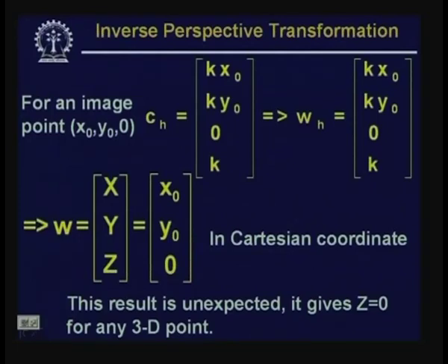Now, here you find that the third component, or z coordinate, we have taken as 0, because what we have is a point in 2 dimensions, that is, on the imaging plane. So, we have assumed the z coordinate to be 0.